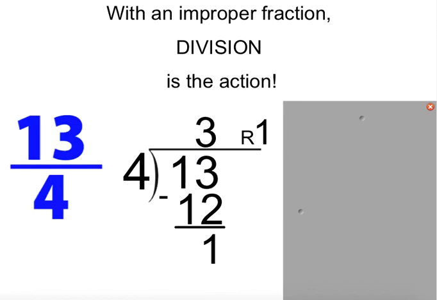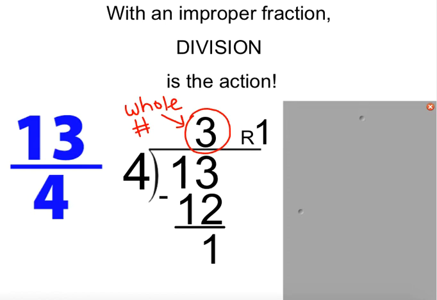So how do we use this division to help us get the mixed number? So the important thing is to notice that each one has a special place. So here the quotient, right, that's the answer, right? So right now the quotient is 3. That becomes the whole number of your mixed number, right? So that's the whole number.